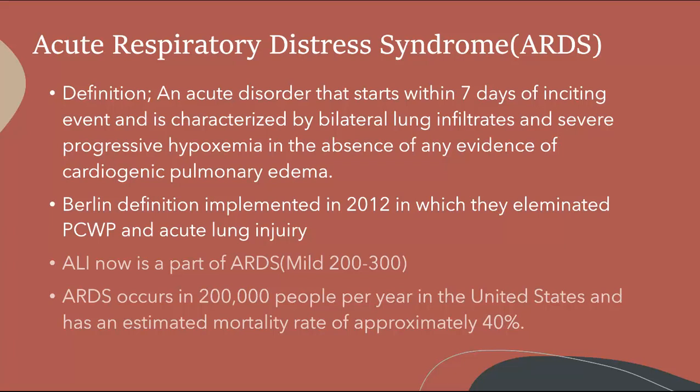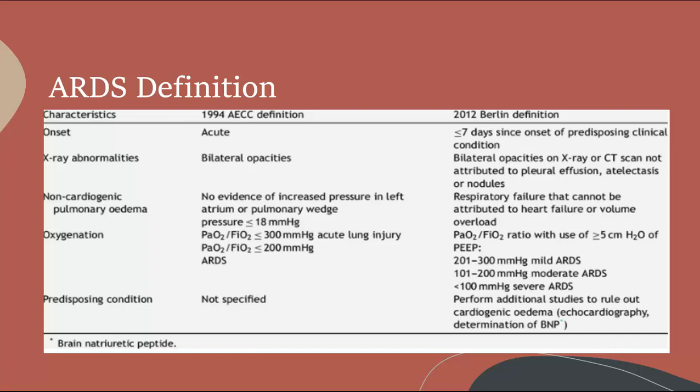As I mentioned, there is the old definition in 1994 by the AECC, and then the Berlin definition in 2012. So what's the difference? In the first one, they didn't specify the duration. In the second one, they said within 7 days. The X-ray is the same: bilateral infiltrations, non-cardiogenic pulmonary edema.